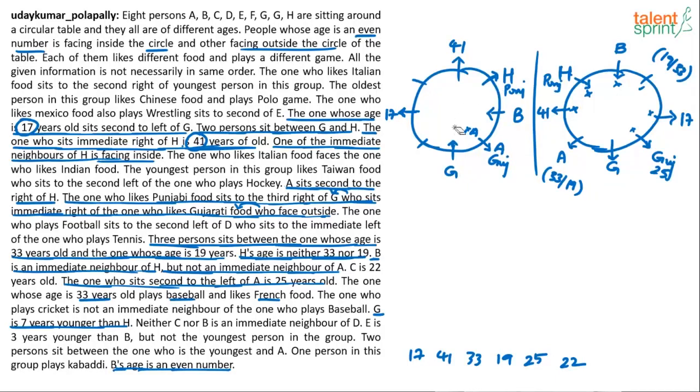Then H, Punjabi must have come here. Yeah, I eliminated this case based on A. I said A cannot be coming in this position. That I remember, but where did we go wrong? Okay, hold. I think I'll just clear this off. Just a second.